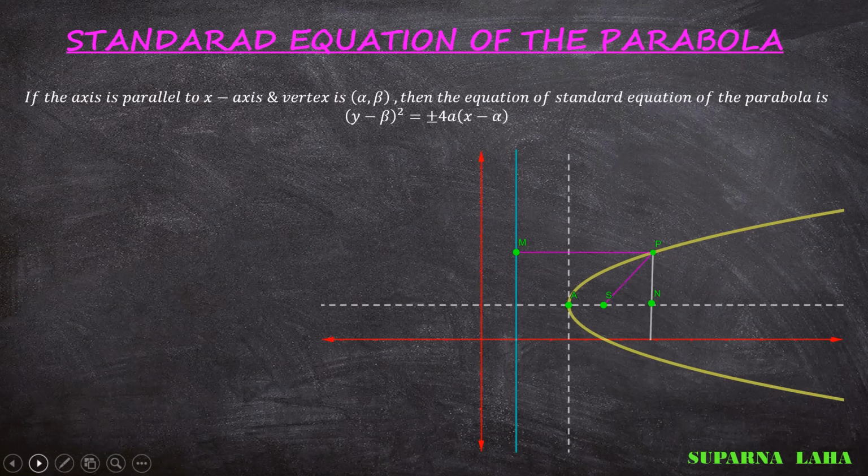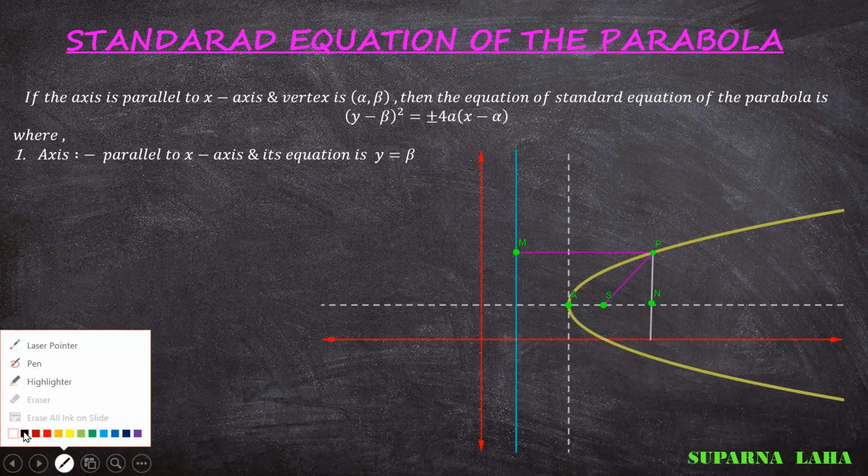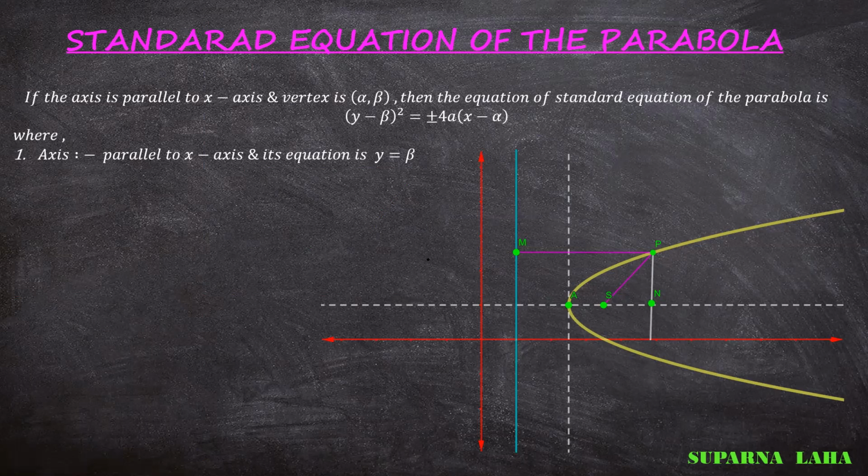So here the axis is parallel to the x-axis. If we talk about this particular figure, we can write the equation as (y − β)² = +4a(x − α). If the parabola is facing this side, then it will be (y − β)² = −4a(x − α).